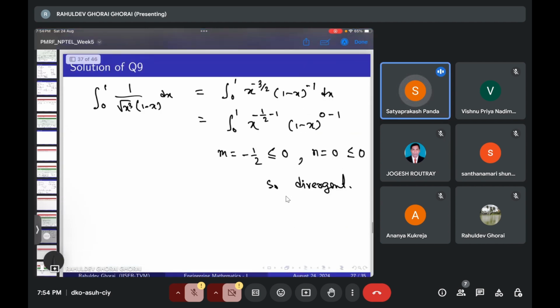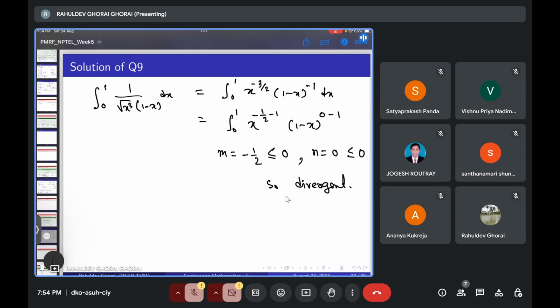Sir, what if only m or n is positive and the other one is negative? Yeah, then we cannot say anything from the beta function. There are a lot of things you can explore. I don't know whether research is done in this area, but till now, what we can say is that if m and n both are less than or equal to 0, then only we can say that it is divergent. If only one of them is, you cannot use this beta function theorem.